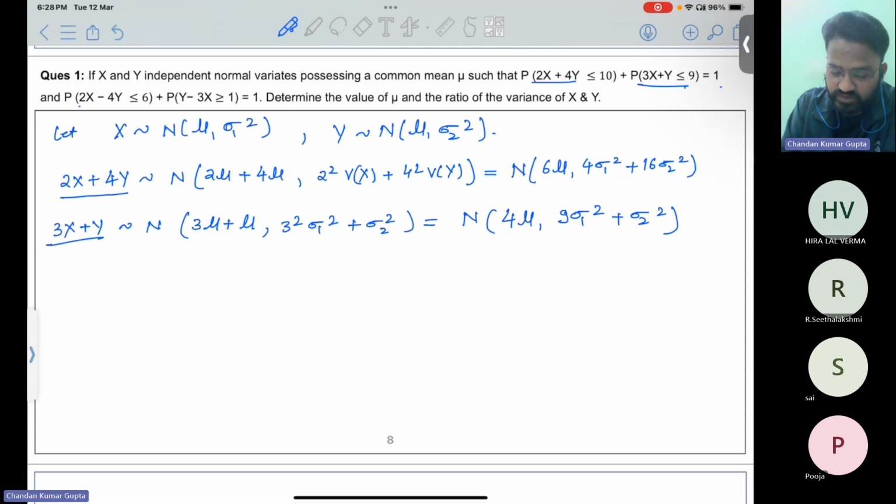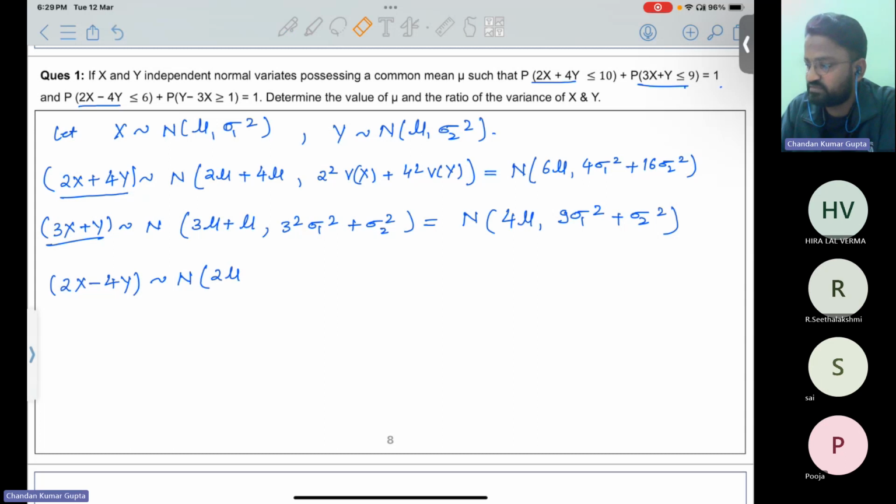And also 2x minus 4y. The third variable is 2x minus 4y. We will use the linearity property of the normal distribution. So 2x minus 4y follows a normal distribution with mean 2 times mu, minus 4 times mu.